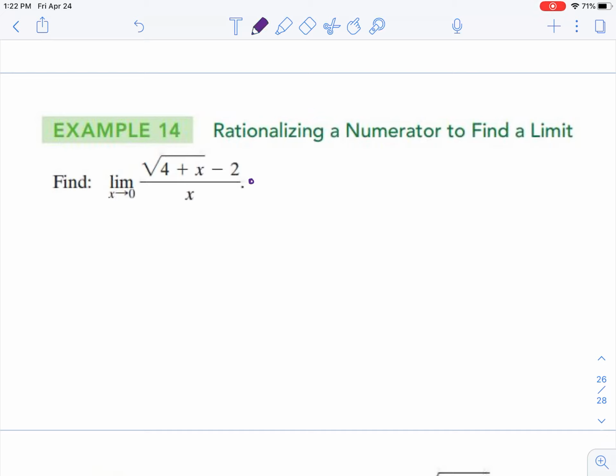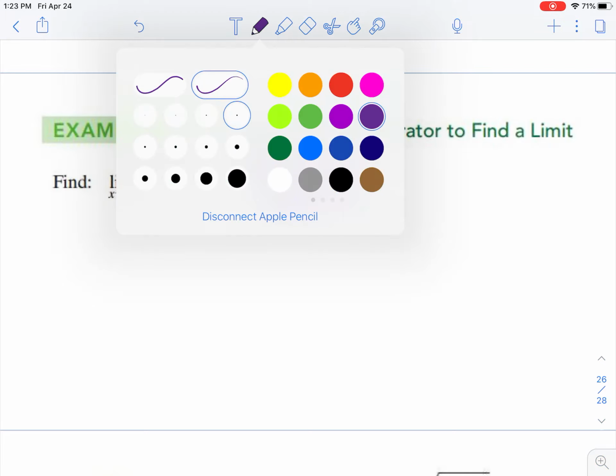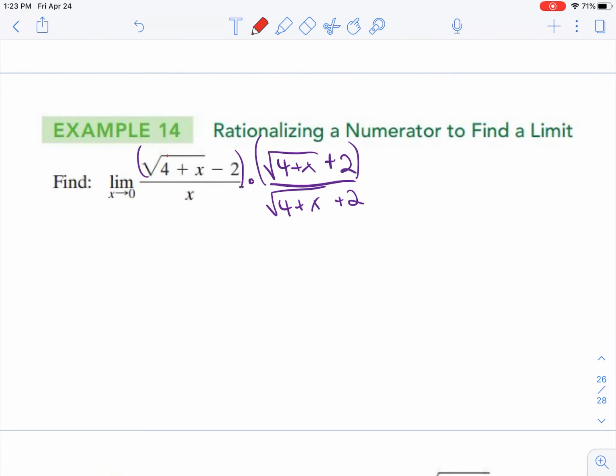So the way you do this is you multiply by whatever's in front, 4 plus x, and then you change the sign of your second term, and you do the same thing over here, square root of 4 plus x plus 2 outside of it. When we do this, we're going to have to think a little bit about distributing everything. And when we do that, you guys are going to find that our center is going to cancel, which is really nice.